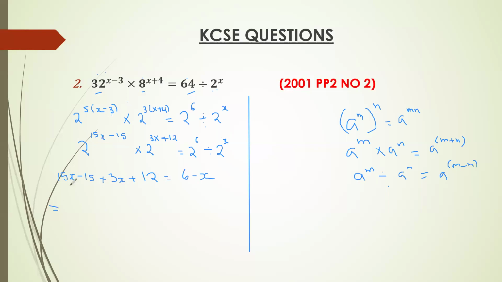So collect the like terms, 15x plus 3x ni 18x, minus 15 plus 12 ni minus 3, equal to 6 minus x.